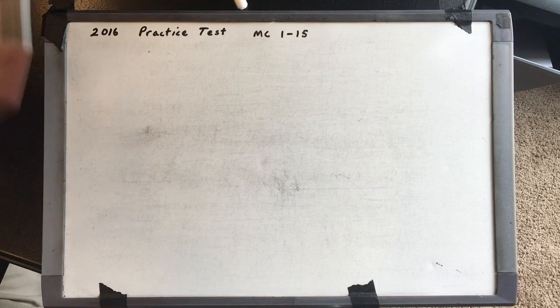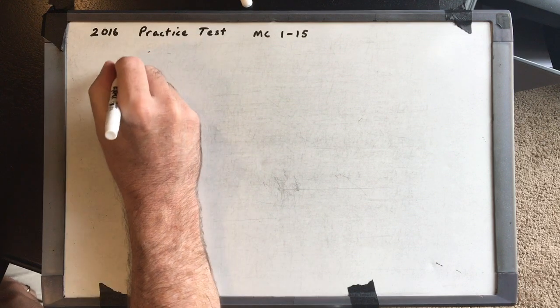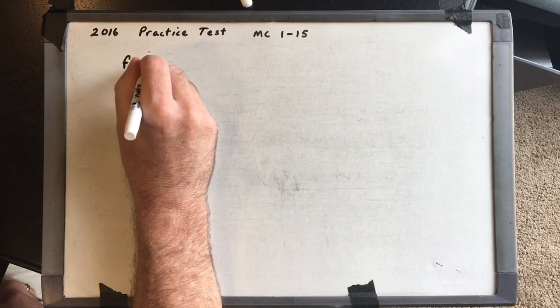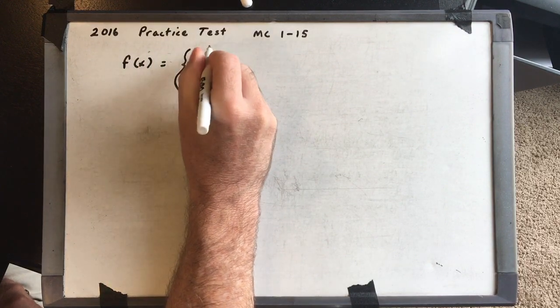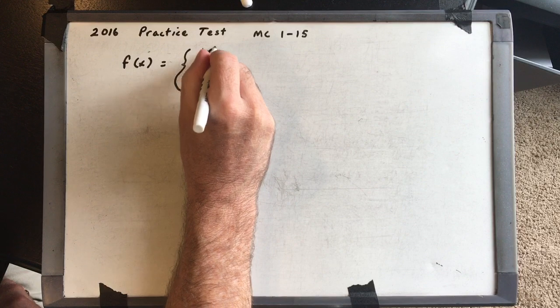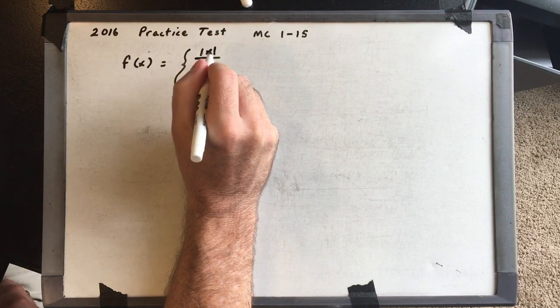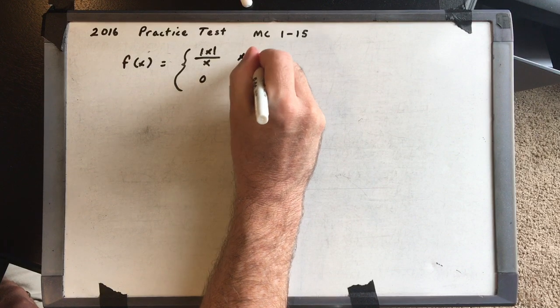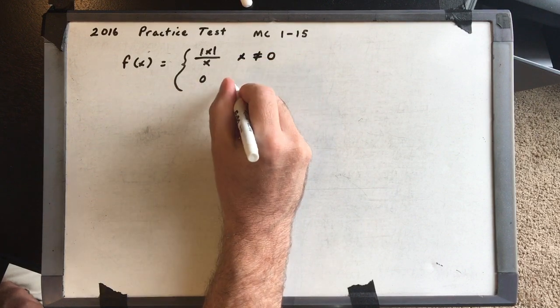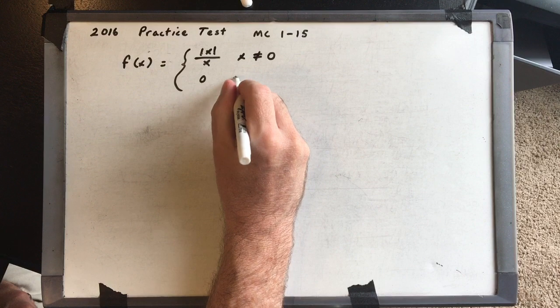All right, let's look at number 9. Number 9 is a little bit tricky. I think it's worth working. So we've got this function: absolute value of x over x for x not equal to 0, and 0 for x equals 0.